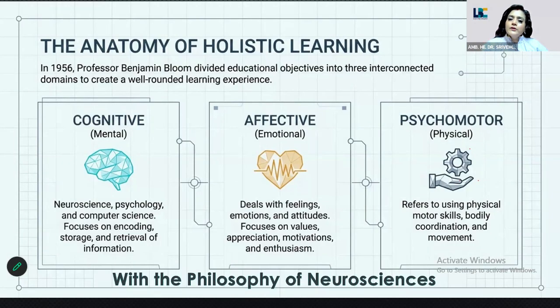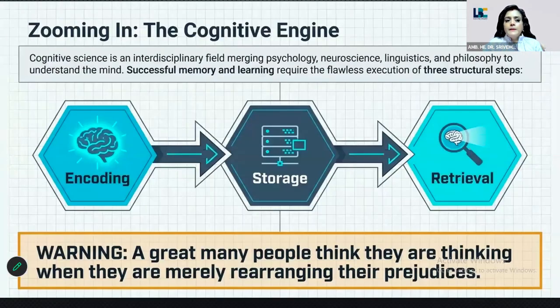So regarding our anatomy of holistic learning, first, what we saw in the two parts of the brain is the thinking process. Now we are relating holistic learning with the philosophy of the neurosciences on the basis of the philosophy of Benjamin Bloom's taxonomy. Zooming into this cognitive engine, data is encoded, it is stored, and it comes out as retrieval, the outcome.